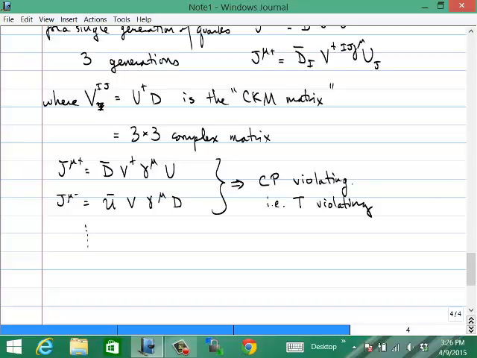So let's consider the coupling of the various matter fields in the standard model to gauge bosons. For example, you'll have a coupling of the electromagnetic field to an electromagnetic current.